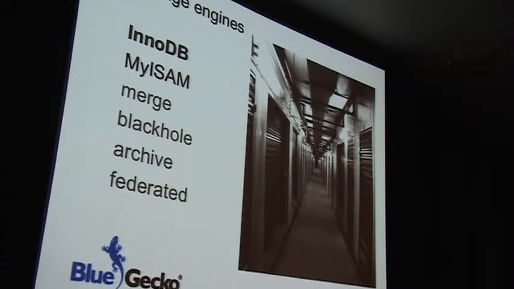Archive engine is actually optimized for insert-only data and fast reads. So that's something that you want if you are, I don't know, writing logs into a database for some reason. And federated is just kind of like a view across to another database on another server.